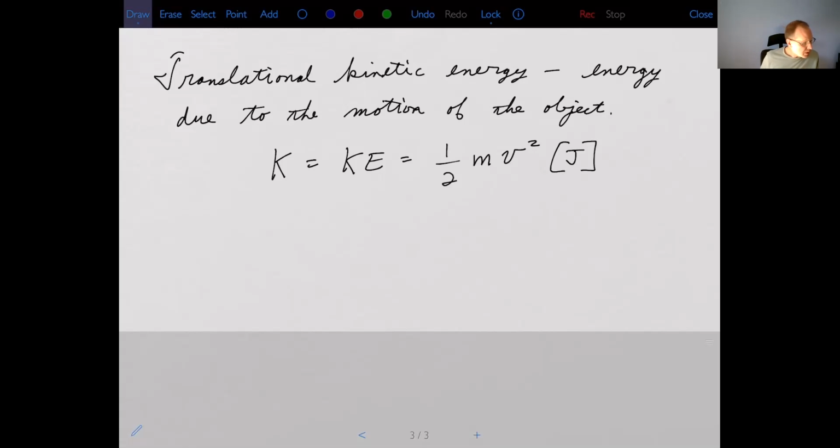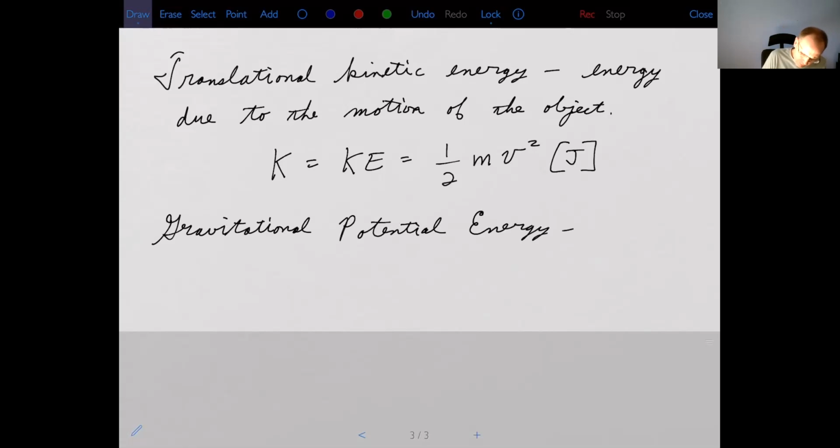And then gravitational potential energy, that's energy associated with the Earth and an object, the system of the Earth and the object.